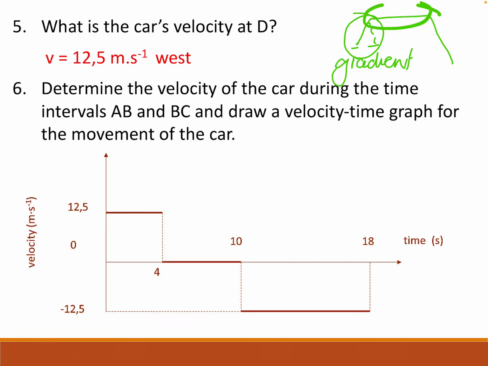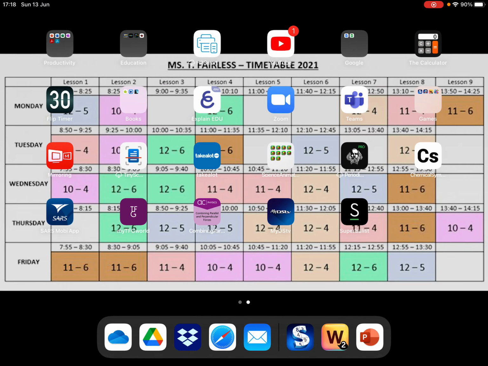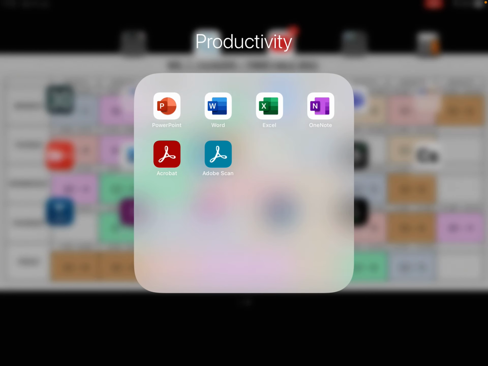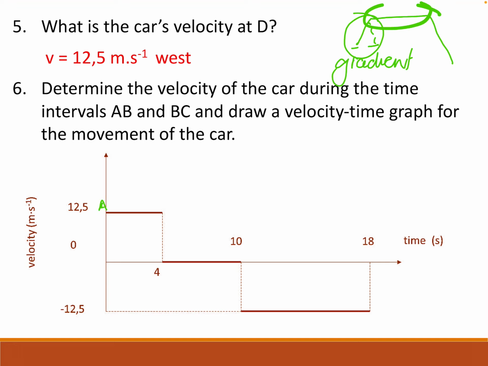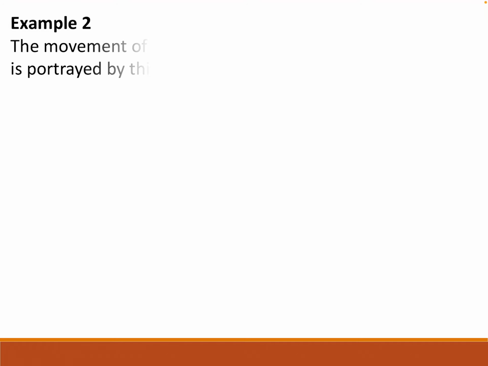So look what happens. This is A to B, B to C, C to F. Constant velocity, it's not changing, so they're straight lines.